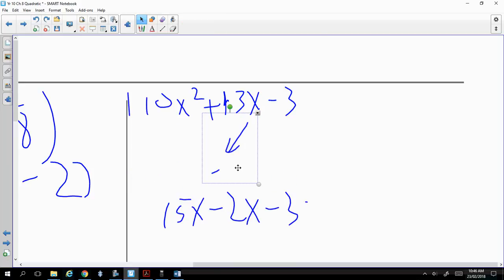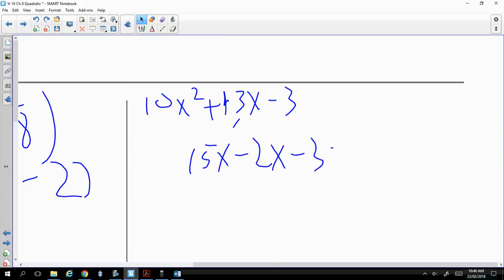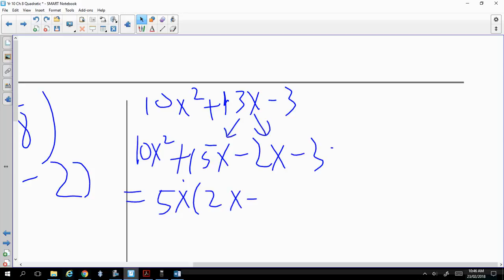Alright, so you're going to go like this, split the middle term. And then take the 5 out. 5x, 2x plus 3 minus 2x plus 3. So I took the negative out.